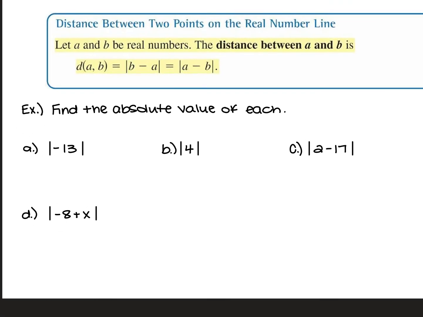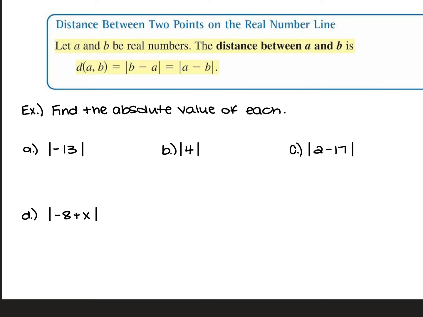For our next examples, we're finding the absolute value of each of these. For A, we have the absolute value of -13. Make sure it's positive. That would just be positive 13. For B, we're finding the absolute value of 4. You're just keeping that positive, so that's positive 4.